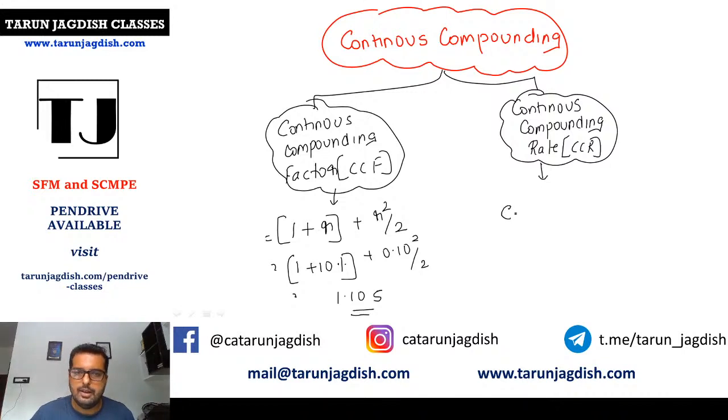CCR is nothing but from CCF. If I remove 1 and then multiply with 100, I will get the answer. So I'll get the answer as 10.50%.